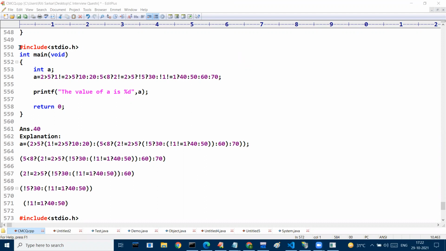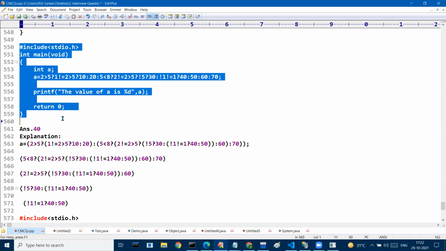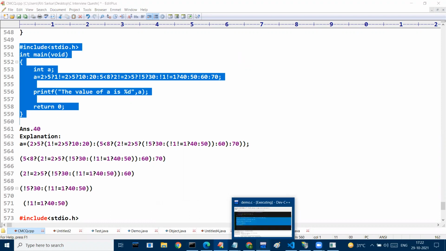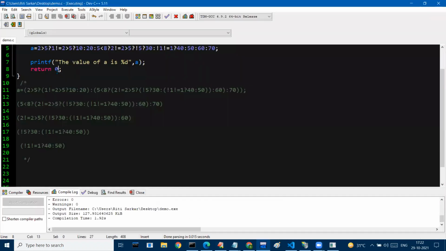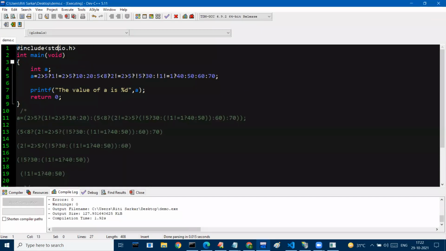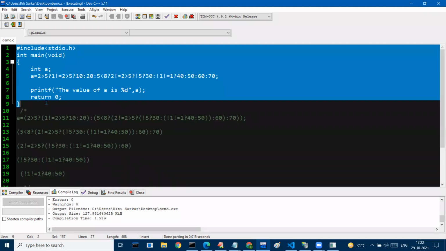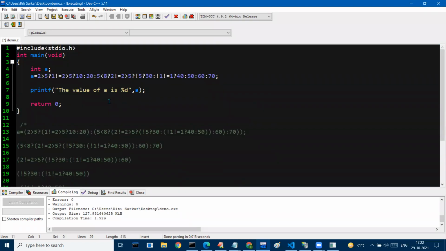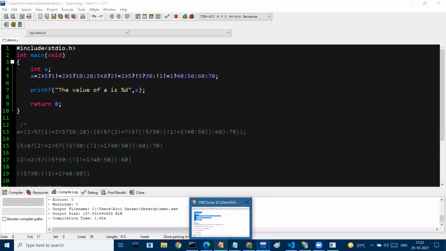Now let us go for this one. This one is comparatively a bit easier because the expression is not as complex as the previous one. It's the same one I copied now, guys.